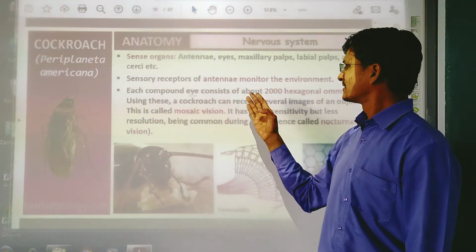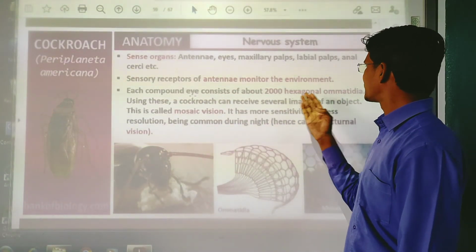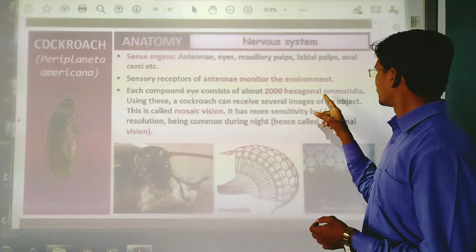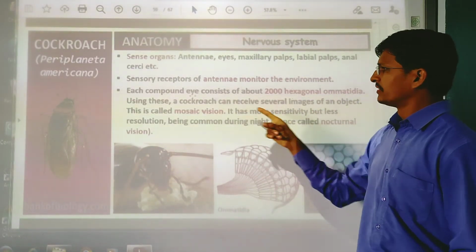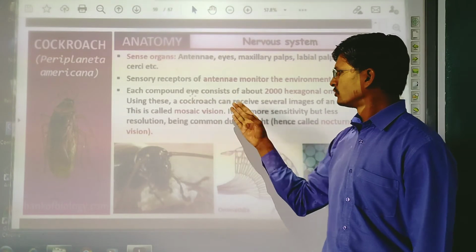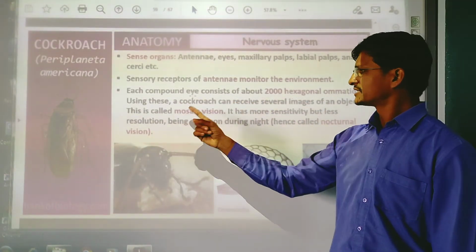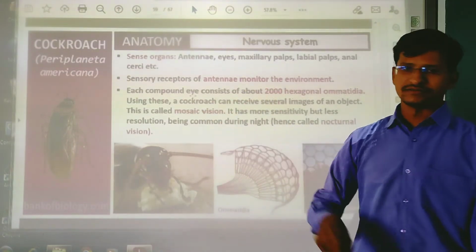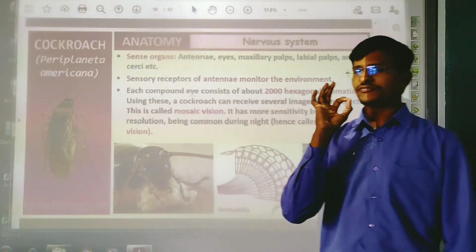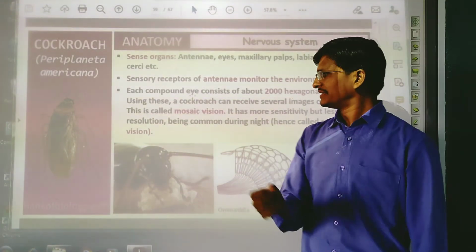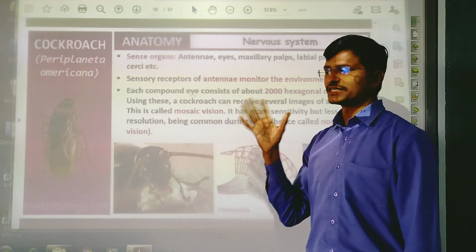Each compound eye consists of 2000 hexagonal ommatidia. Using this, a cockroach can receive several images of an object. This is called mosaic vision. The best vision of invertebrate, we can say, that is mosaic vision.